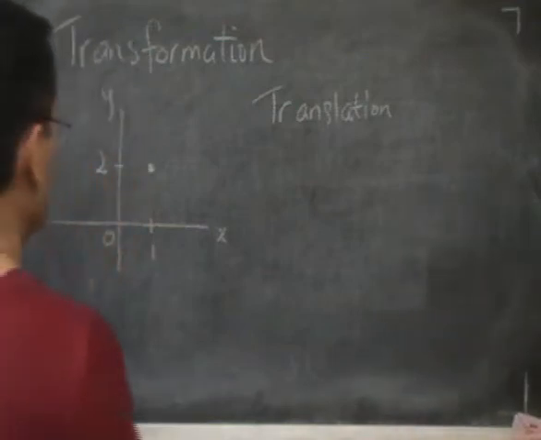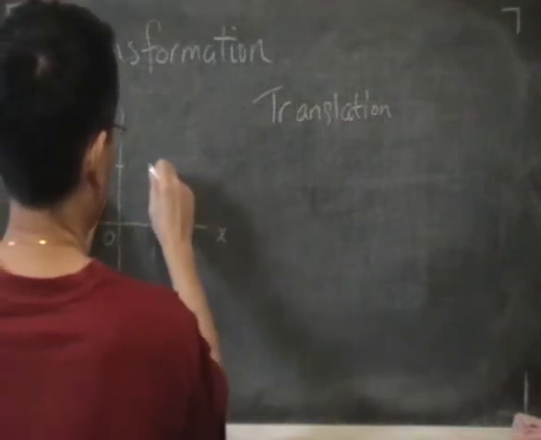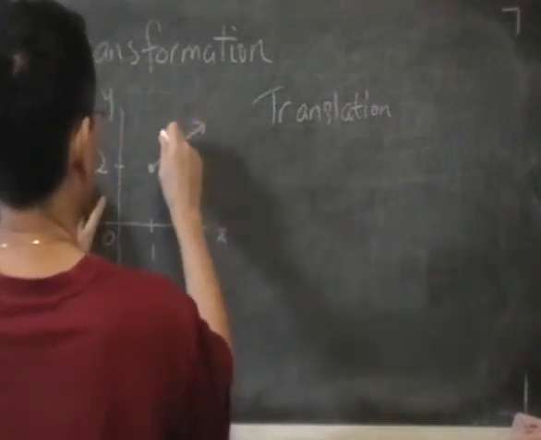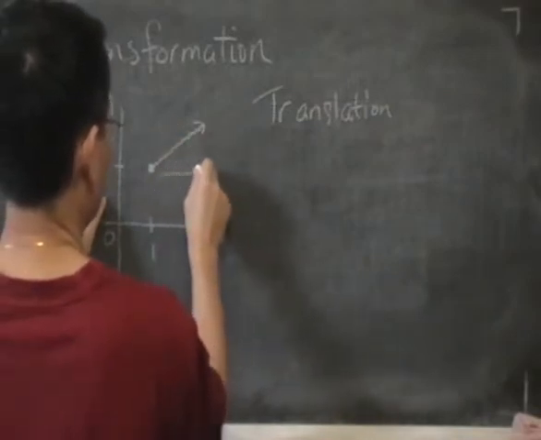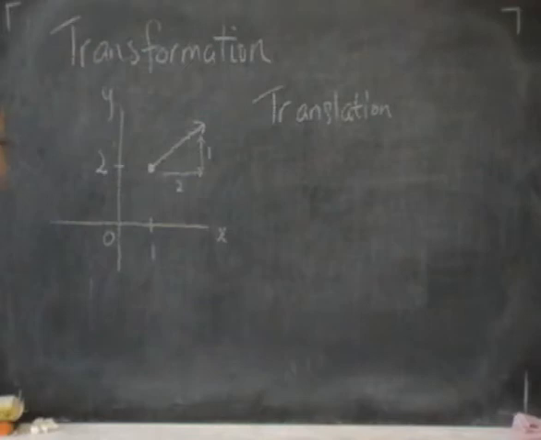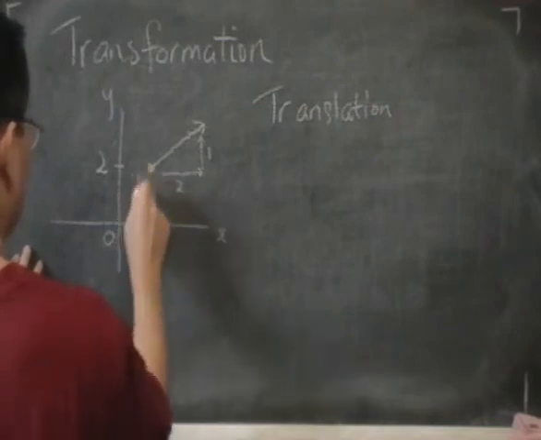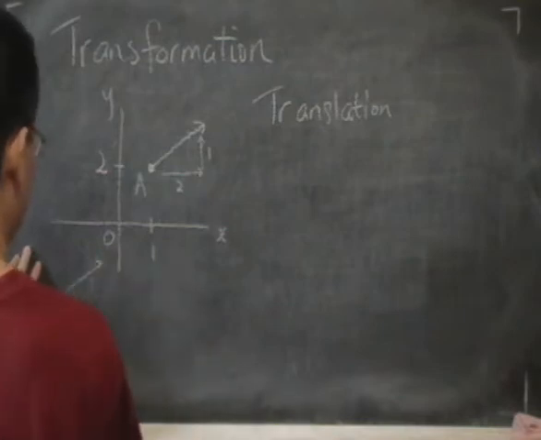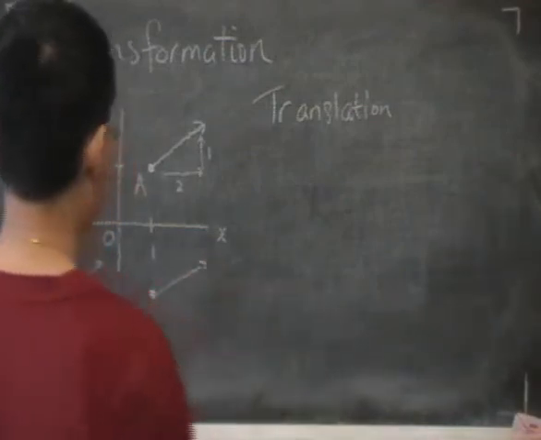So, for example, if I take this point, and the translation is that I can move it by this distance, say 2 units to the right and 1 unit up, and if I have any other point, for example there, at A, at B, I would do the same, and so on. That's a translation.